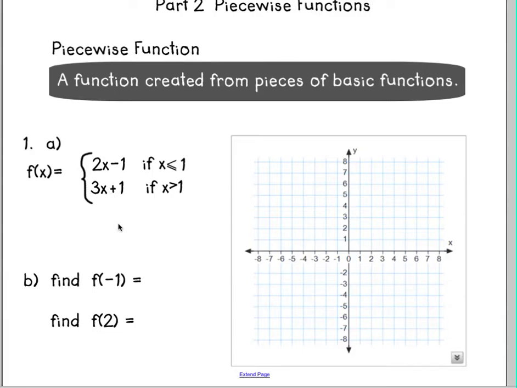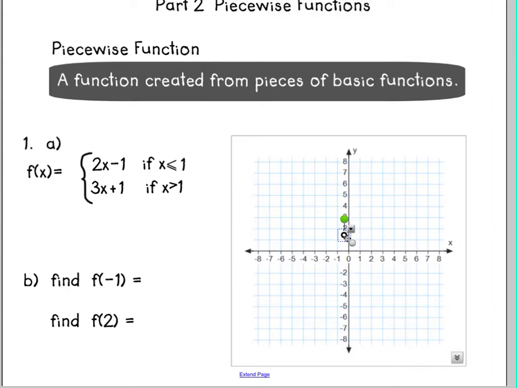So sometimes what I do, this is why pencils work really nicely when you're graphing. For this one, I am going to start graphing this bottom one just because I want to remember to use an open circle here. So I know that my graph is going to start at the positive 1 on the y-axis, and I'm going to need to make that circle just a tiny bit smaller. It's way too big here.